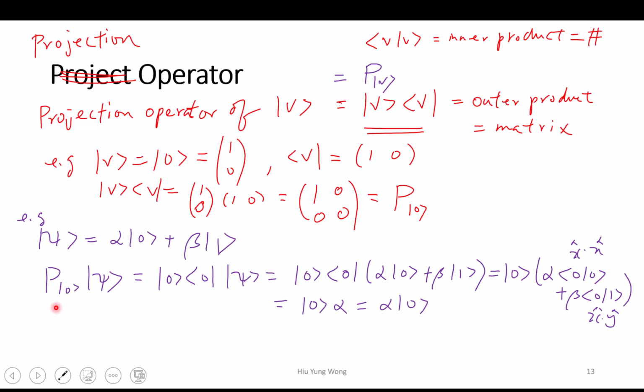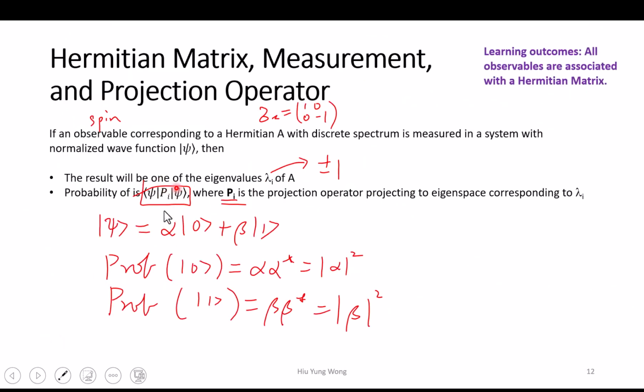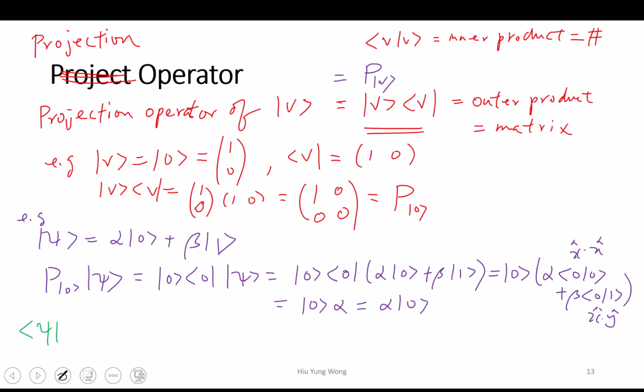So what is the probability of getting 0? Now let's think about this. What if I apply this, like what we said here? Instead of just the projection operator on the state, we apply a bra on it. Sandwich it, right? On the left, apply the bra version, sandwiching the projection operator.